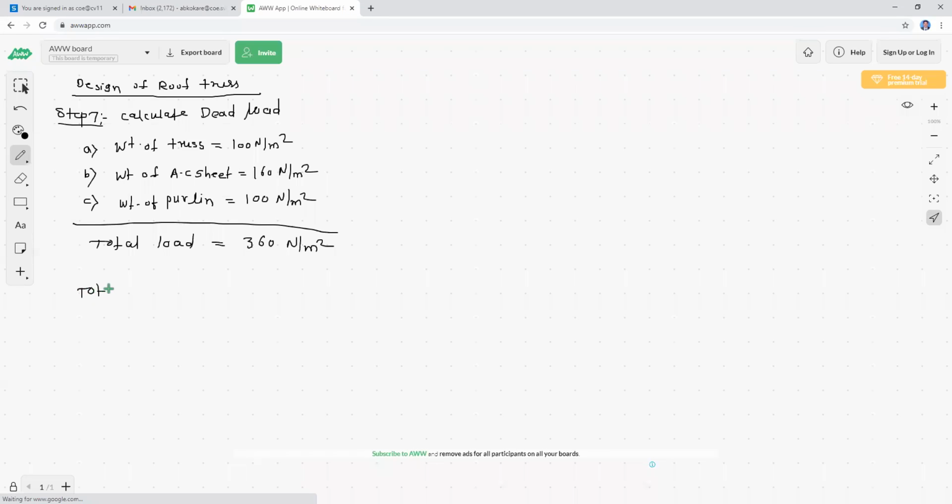So the total dead load in Newton is equal to the total load in Newton per meter square multiplied by the plan area of the roof truss.